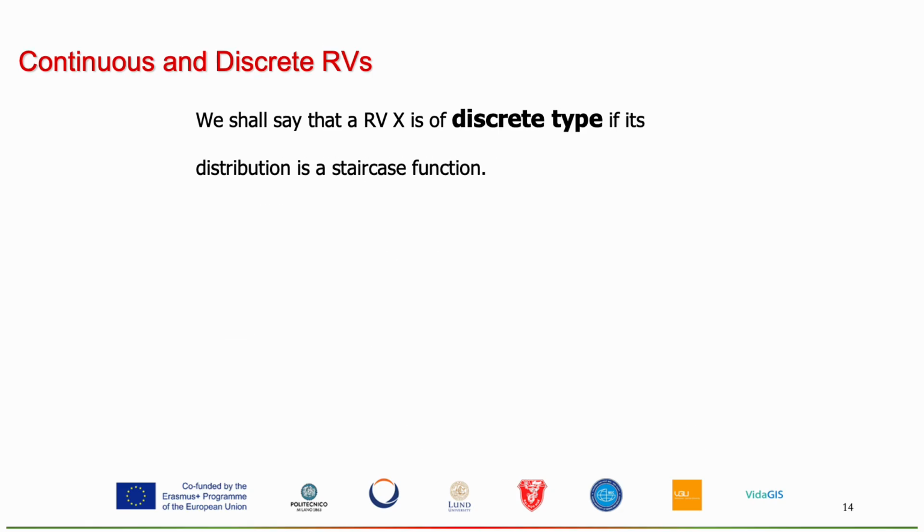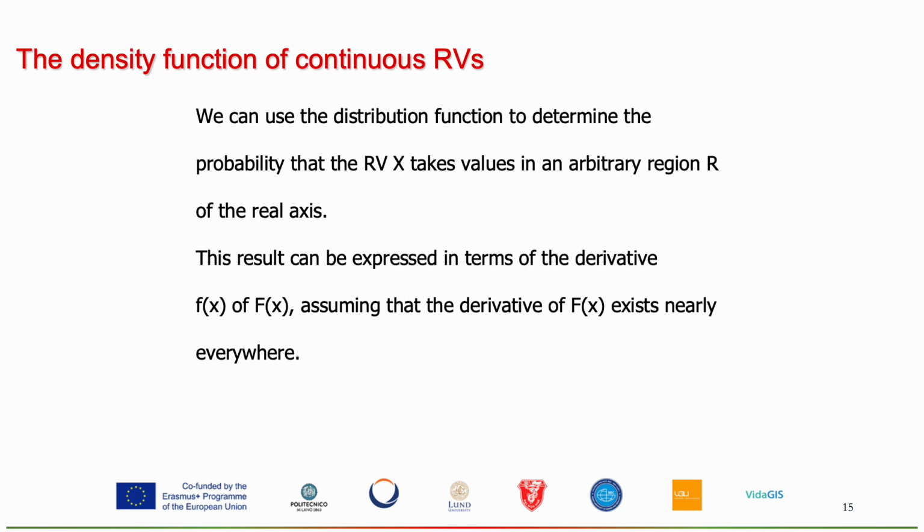So, we will say that a random variable x is a discrete random variable if its distribution is a staircase, not continuous function. In case of continuous random variables, we can use the distribution function to determine the probability that a random variable x takes values in a given interval in an arbitrary region of the real axis.